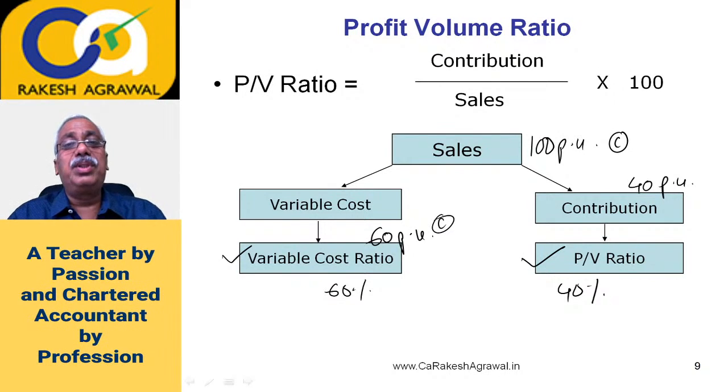But in absence of information, I repeat, in absence of information, sales price per unit remains constant, variable cost per unit remains constant, contribution per unit remains constant, and therefore the variable cost ratio and PV ratio will also remain constant. This is in absence of information, please remember.